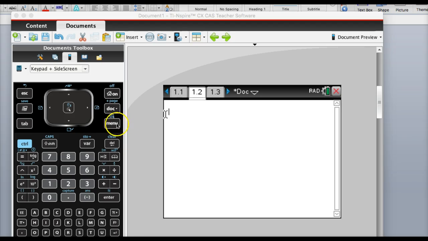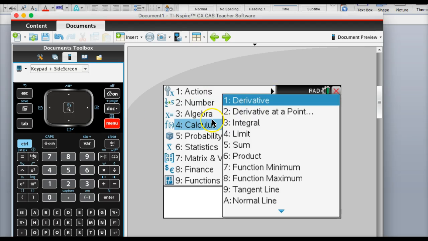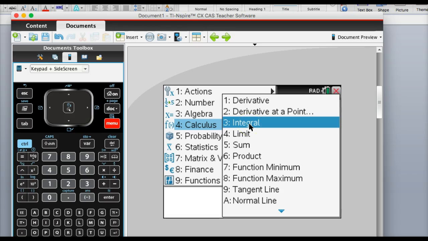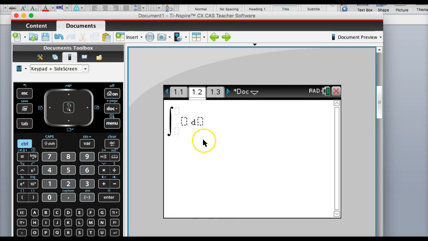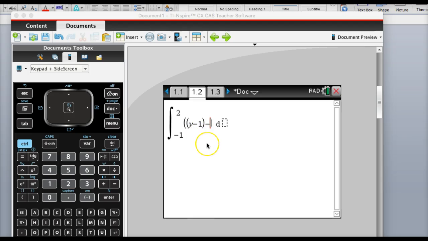Now let me show you how to do this on the calculator. So you can go Menu, Calculus, this is on the TI Nspire, and we want to do integral. The integral is going to be from negative 1 up to 2, and then I'm going to have the integrand be my y minus 1, which is my right, minus my left.